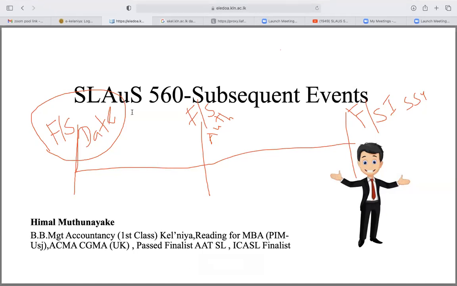Basically, the financial statement date is the end of the 12-month period for which we are reporting our financials. For banks, the financial reporting period starts on 1st April and ends on 31st March. For a manufacturing company, it starts on 1st January and ends on 31st December. So that is our financial statement date, right?